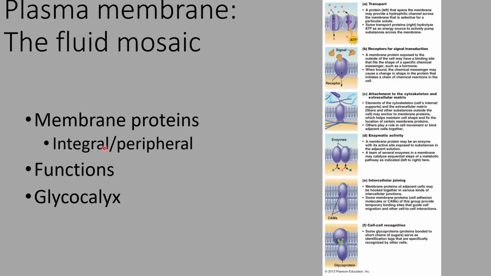There are integral membrane proteins and peripheral membrane proteins. Integral can have two meanings. Maybe it starts on one side, goes all the way through the membrane, and comes out the other side, like we see up here at the top, or like we see here in the middle. These are integral membrane proteins.